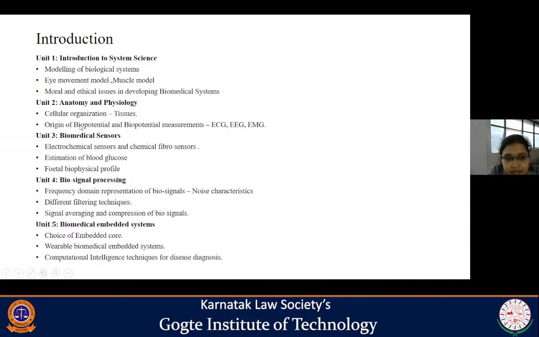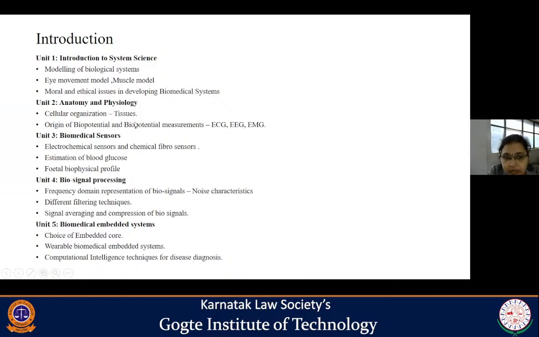That is discussed in detail here. Once the electric potential is generated in a neuron cell, students will learn how to measure that electric potential or signal. That example has been taken here.